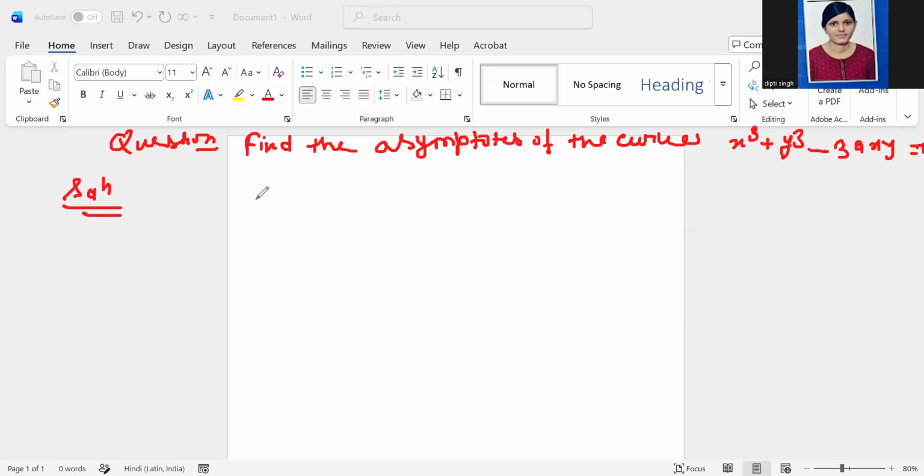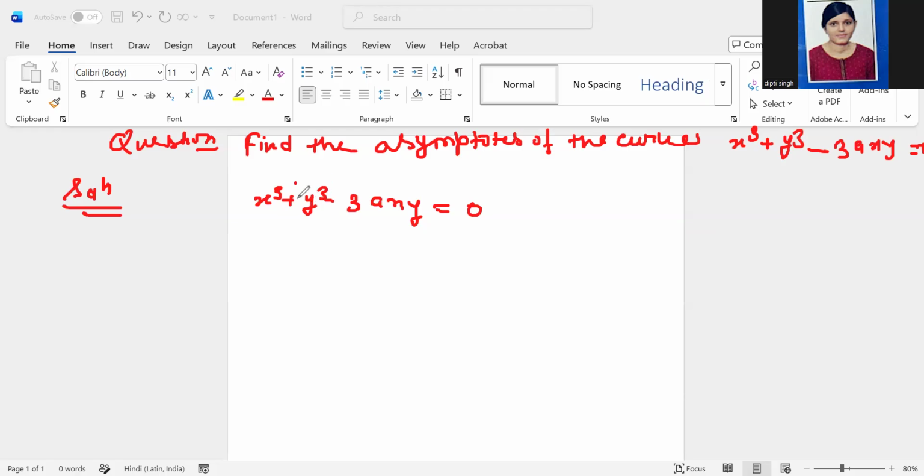First we check the highest degree of this curve. Since the power of x cube and y cube is 3, this is the highest degree for this curve. Now check the coefficient of the highest power of x and the coefficient of the highest power of y.